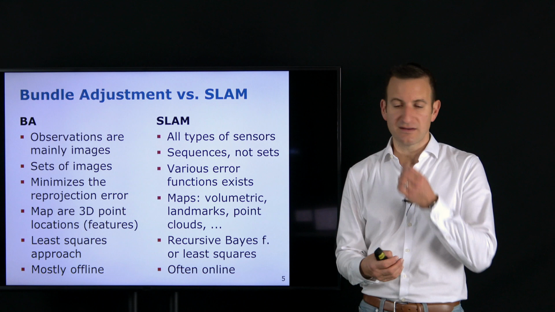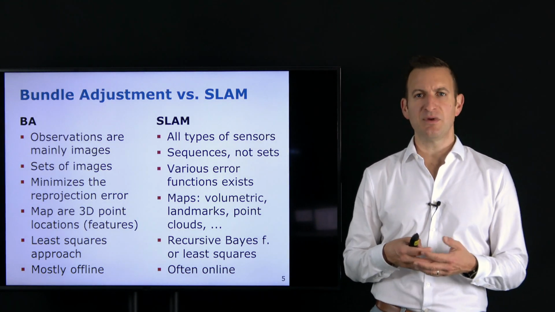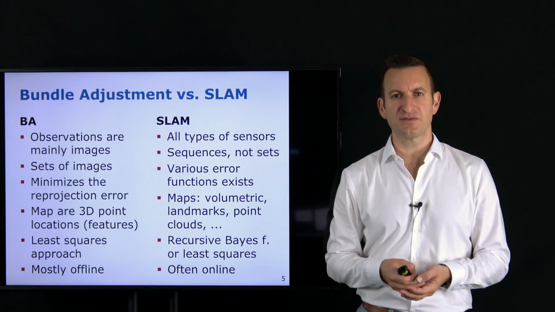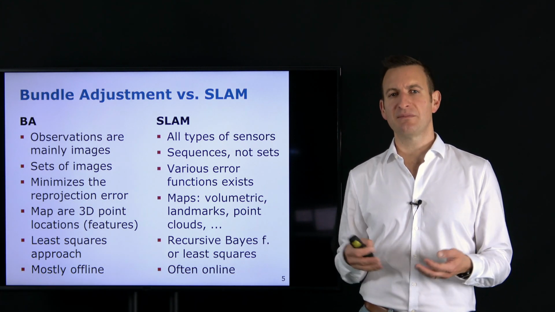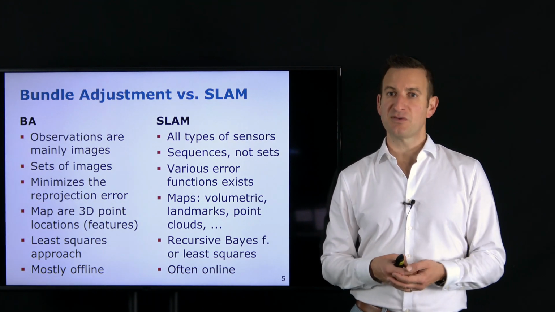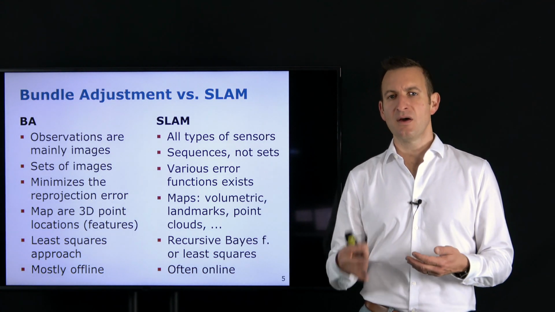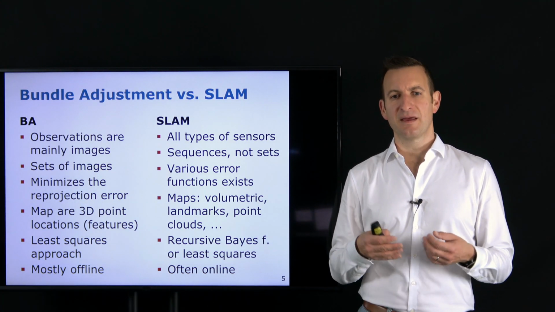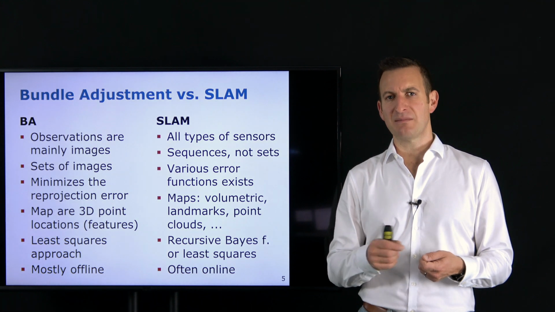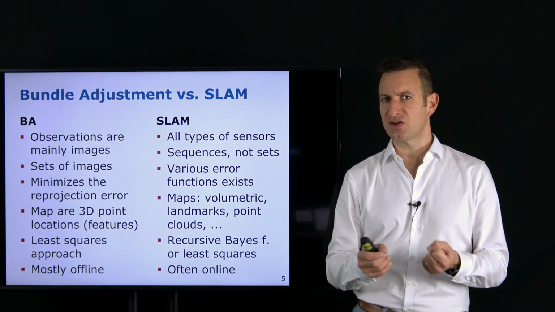SLAM, in contrast to that, is typically not restricted to images. So if we use the word SLAM, we can use different sensors, even combinations of sensors, multimodal SLAM, taking multiple sensing modalities into account, for example. Often those SLAM systems exploit the nature that there was a system moving through the environment, and when one image is taken after a very short amount of time has passed between two time steps, then those locations are typically nearby.